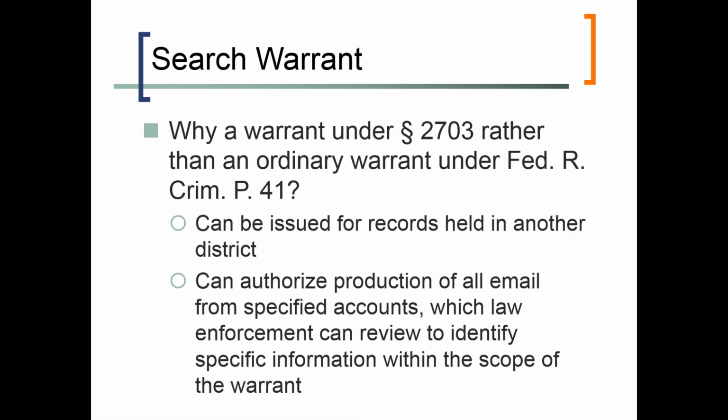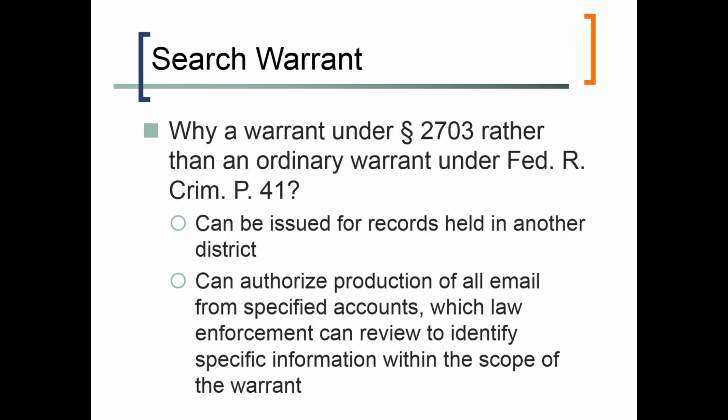It allows a broader initial scope of production. Recall from looking at Rule 41 that a search warrant has to be reasonably specific. You have to specify the kinds of materials that there is authority to seize. So if you were going to have a warrant that said, seize all emails relating to this account, period, full stop, that probably doesn't satisfy the Rule 41 standard.